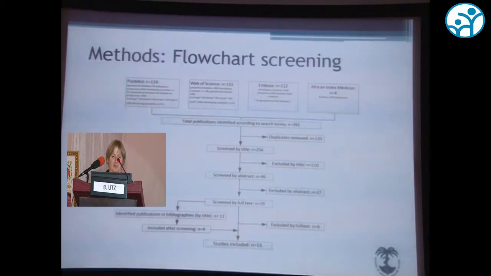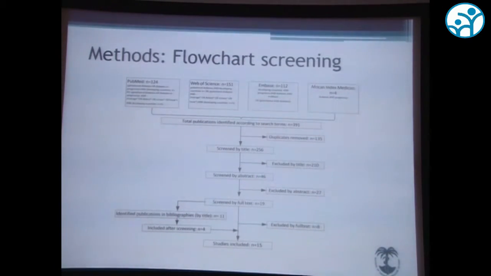And we applied no date nor language restrictions, and we found a total of 391 articles. After removal of duplicates, we were left with 256 articles. We screened these by title, then by abstract, then by full text, and finally we were left with 15 publications that had some information about practice on gestational diabetes management and screening.